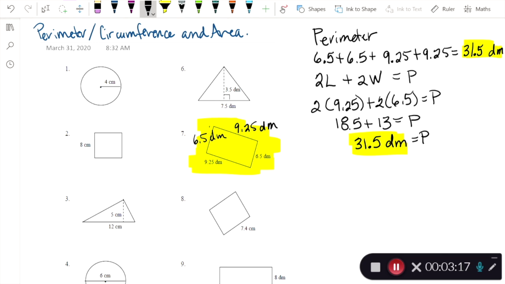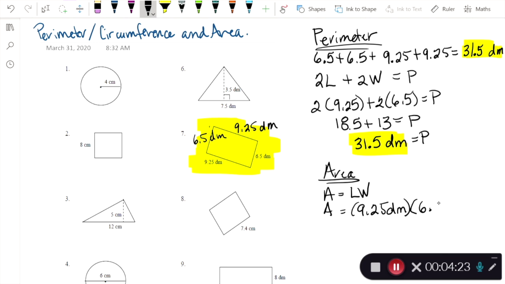Now let's quickly do the area of this figure. So the area of a rectangle is going to be the length times the width, or you can just write it as LW, as we fancy algebra people will do. Okay, so the area is equal to the length of 9.25, and I'll bother to write the units down in here, and I'll show you why in a minute, times 6.5 decimeters.